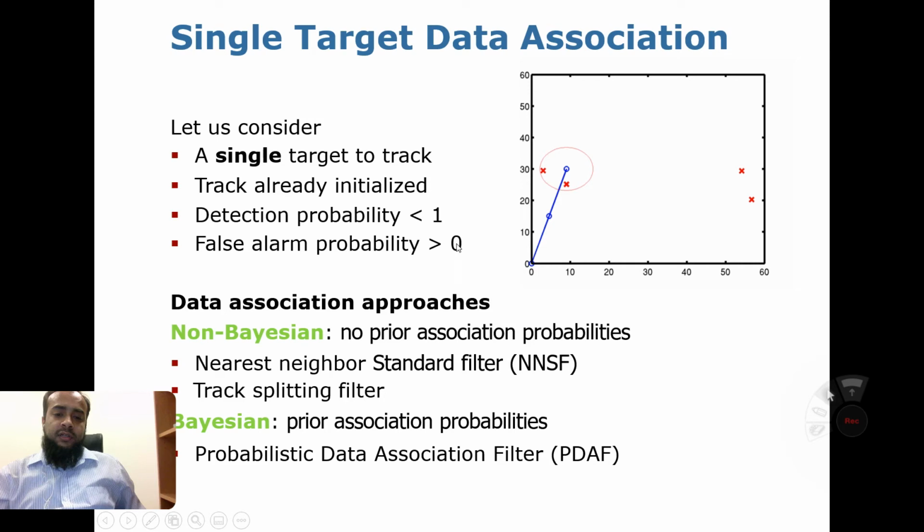This is due to the imperfection or detector failures. The probability is greater than 0, and your track is always initialized with the updated PDF, the probability density function, and having a detection probability less than 0.1, for example 0.01 or 0.001.